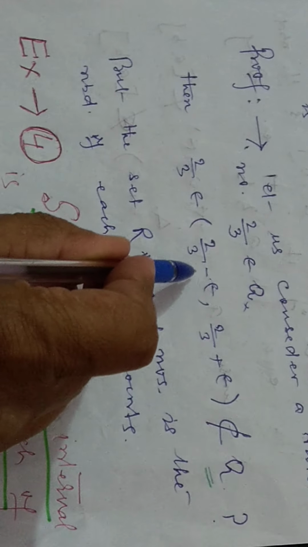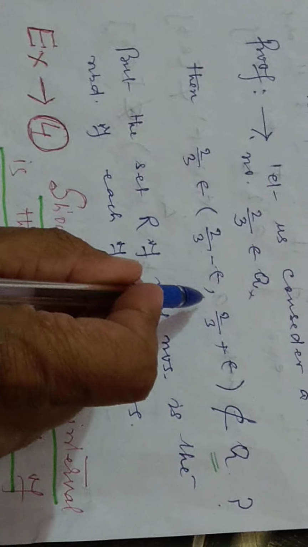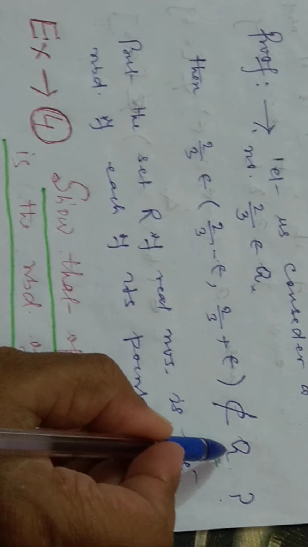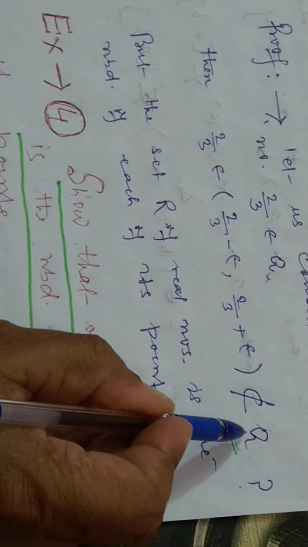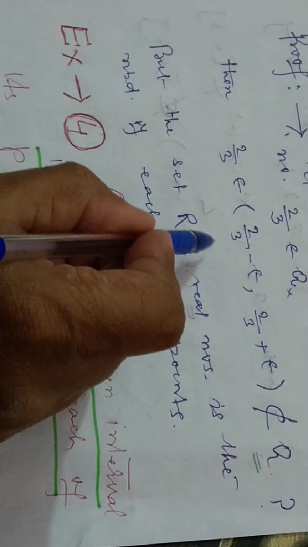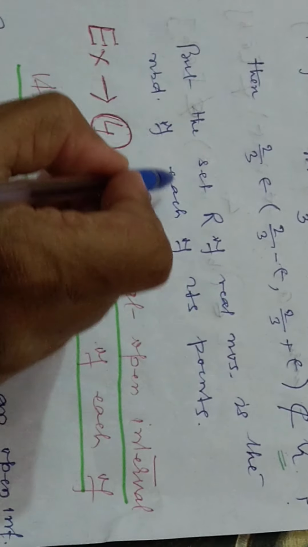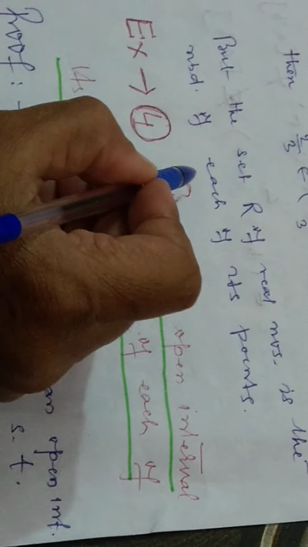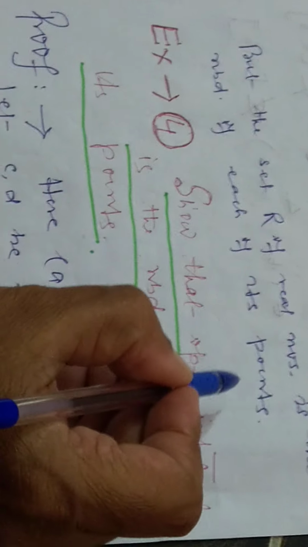That is, between these two real numbers there are infinitely many irrational numbers which are not members of Q. So we can say that the set Q, the set of rational numbers, is not the neighborhood of any of its points, but it can easily be shown that the set R of real numbers is the neighborhood of each of its points.